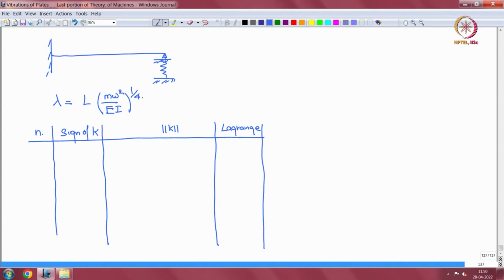Okay, so let us say we increment thrice: 10 to the power 5, 10 to the power 6 and 10 to the power 7 spring units.